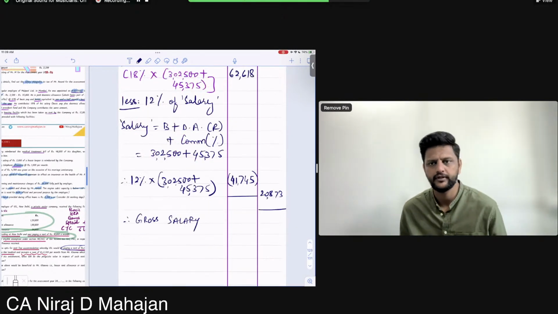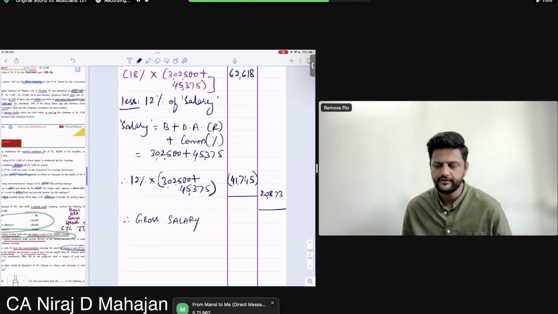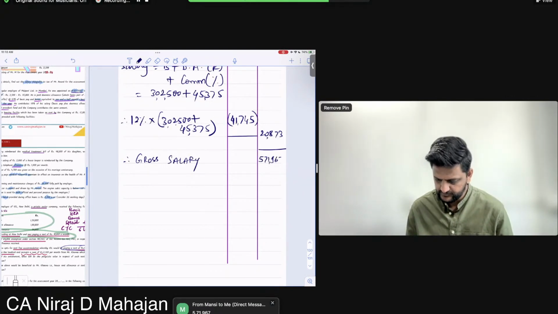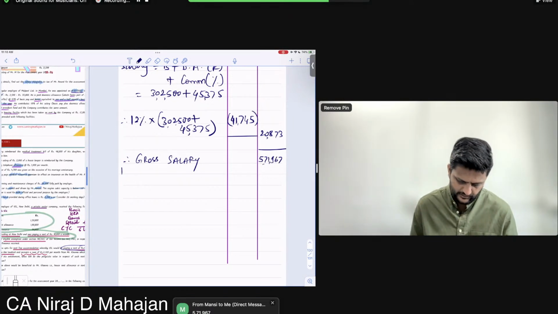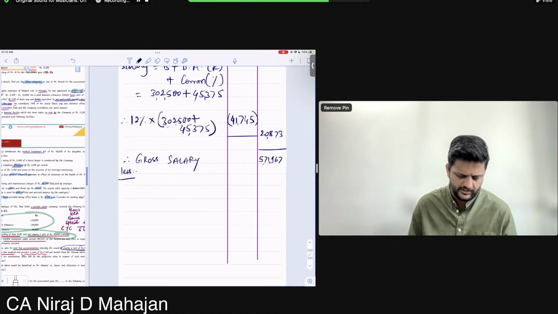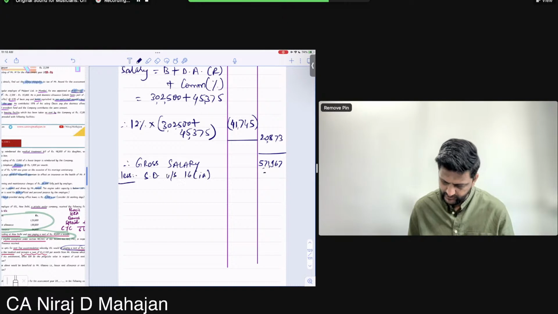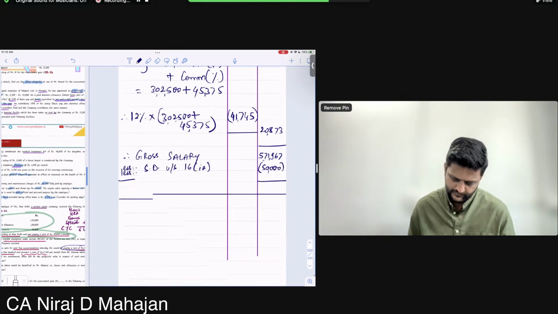Don't round up; if it is coming to 69, then take 69 only. 5,71,967 is correct. Correct. Less: are we given any professional tax, entertainment allowance or nothing? So less standard deduction under section 16(1A) of 50,000, for income from salaries or taxable salary.